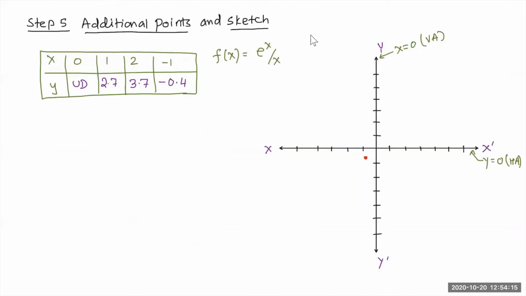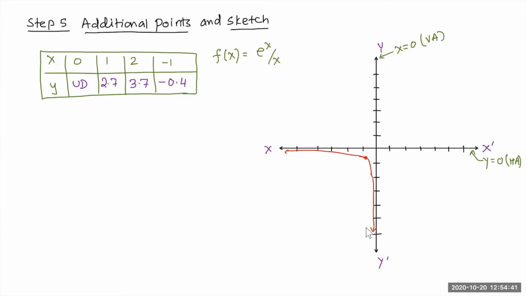That means your graph will be something like this. You can see when you go from left to right, it's going down and is also concave down. That is the meaning of that. So we have the graph for the values less than 0.